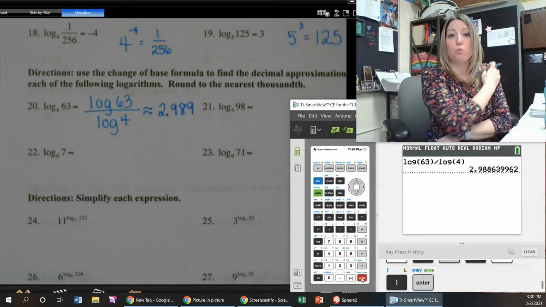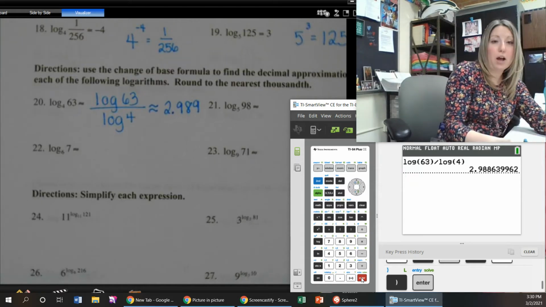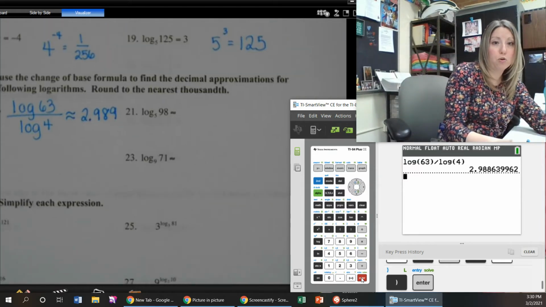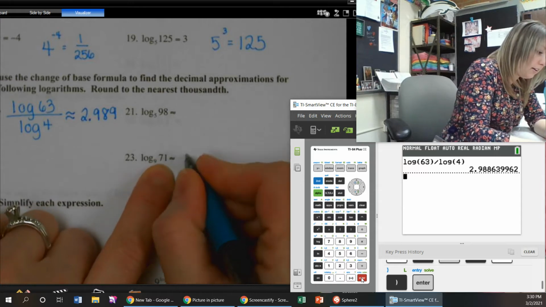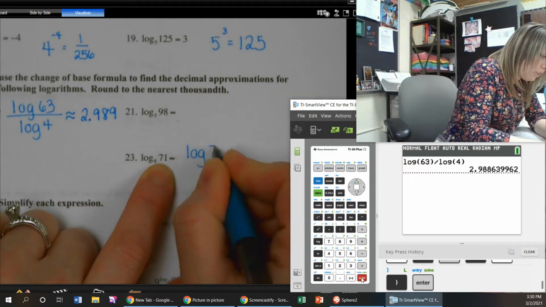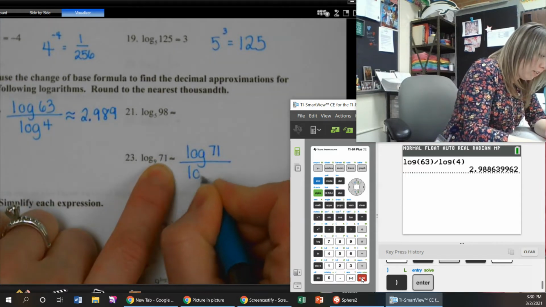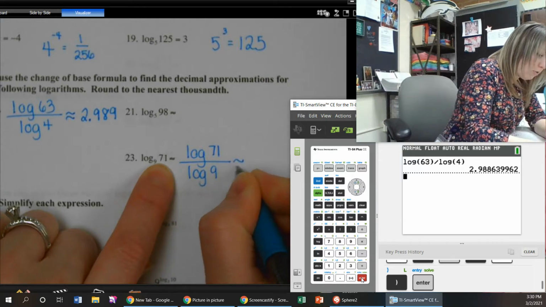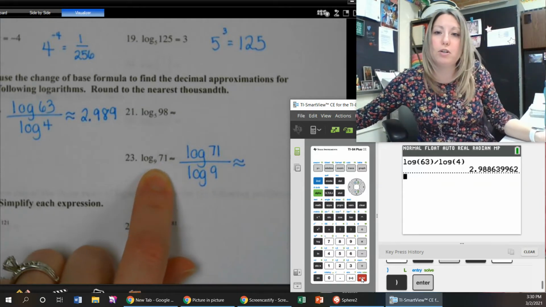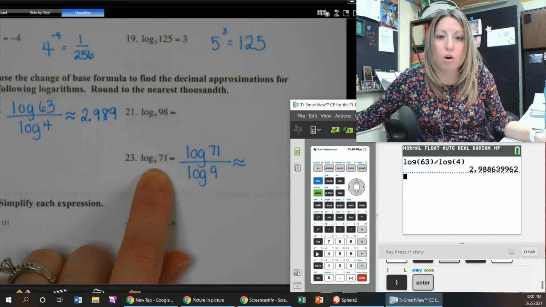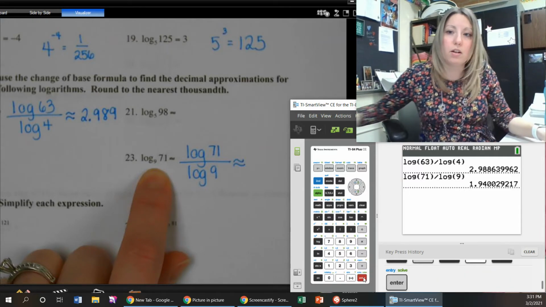I'll do one more. You need to show the change of base. So you've got to actually show the formula being used, which is, again, log 71 divided by log 9. And then you type it into your graphing calculator to give me to the nearest thousandth. So log 71 divided by log 9. There we go.